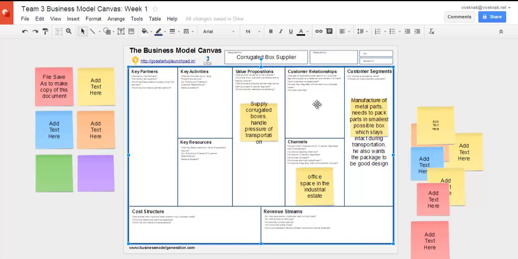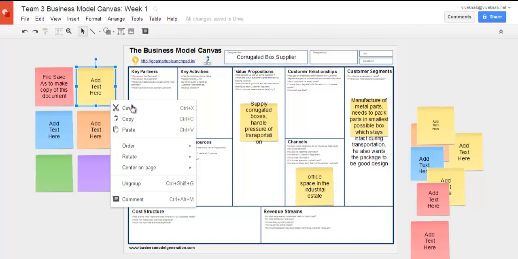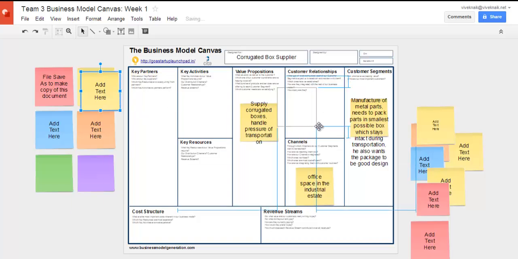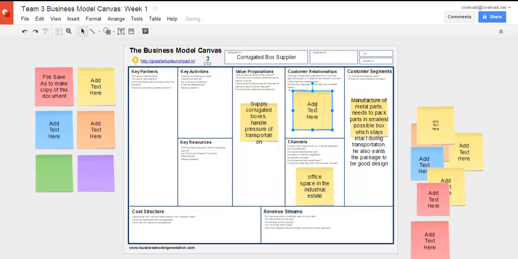Then what are customer relationships? That is the next thing that we're going to look at. That is how you're going to get your customers, keep them, and grow them. So what strategies are you going to use? You think about means to get the customers, that is how you're going to market and figure out who your potential customers are and what will make them come to you.